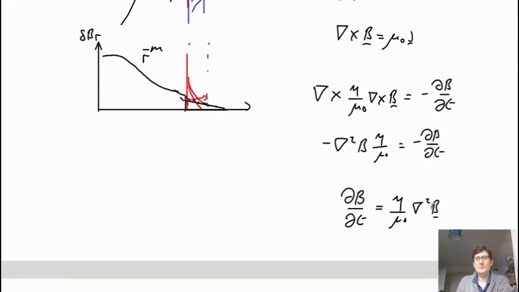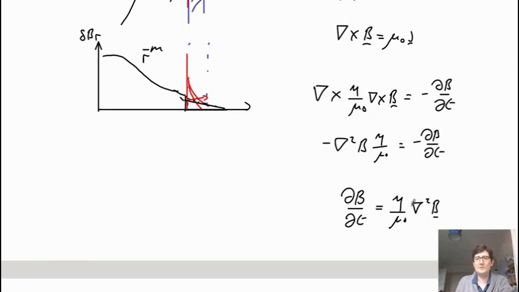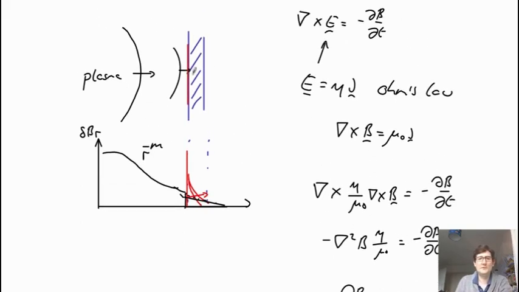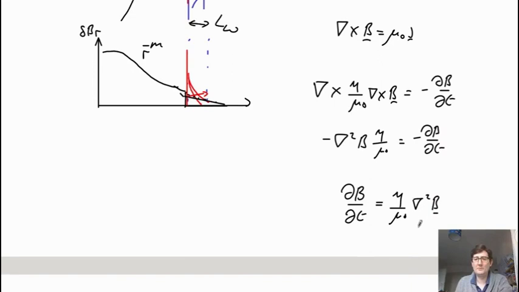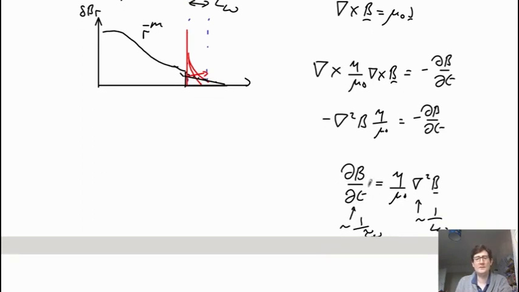So now if the wall is thin compared to the length of the waves, or the instabilities in the plasma, then this is basically just the radial width. So it's diffusion across here, and this width here I'm just going to call LW. It's kind of the length of the wall, or the depth of the wall really. And so the second derivative here is roughly 1 over the wall width squared, and this time derivative is roughly 1 over the time scale, so tau W. So the time scale it takes the magnetic field to penetrate into the wall.